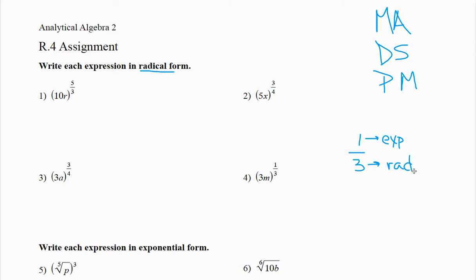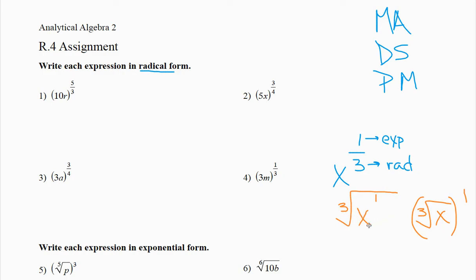Now, there are several different ways of rewriting this. If I do x to the 1/3, this can be rewritten as x to the 1 with a cube root over it. And remember, I said the 3 becomes the radical. It means it's hanging out here on the hook of the square root symbol. I could also rewrite this as the cube root of x to the first power.